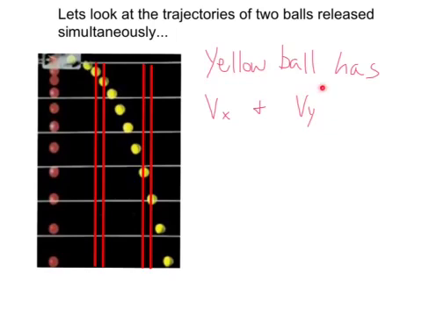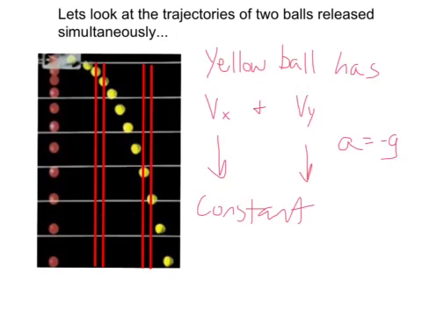That vy is subjected to an acceleration that points straight down, so it has an acceleration equal to g. In the horizontal direction, because this separation does not change, we can see from this picture that the x velocity is constant.